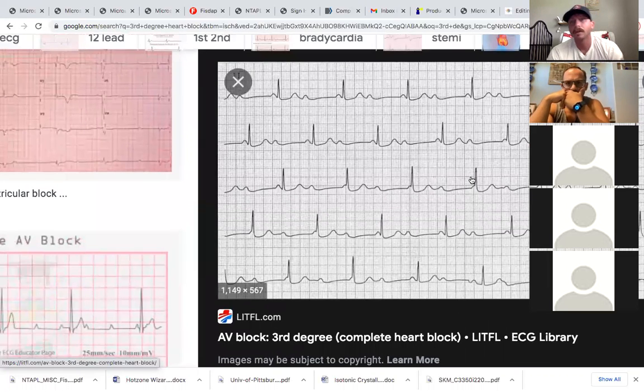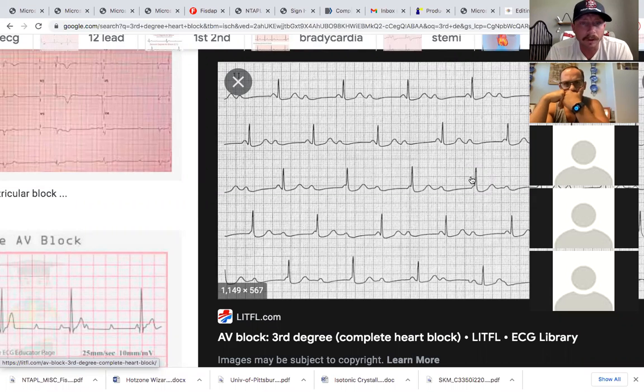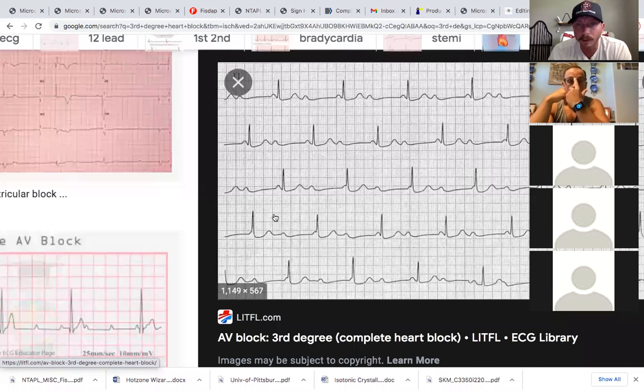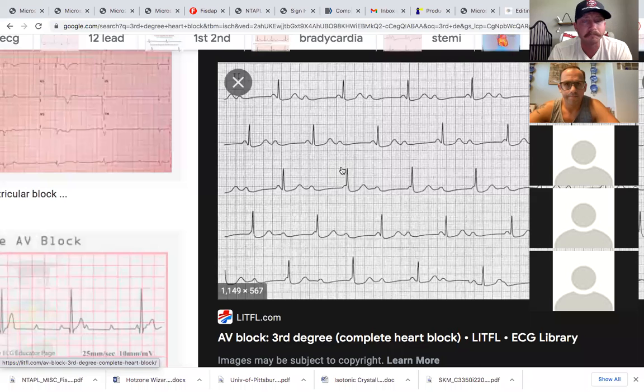So for this one, we move through our normal approach. We look for upright and round P waves, QRS, wide versus narrow. Do I have a QRS for every P? Nope, I don't. Okay, we've got some type of heart block here, right?